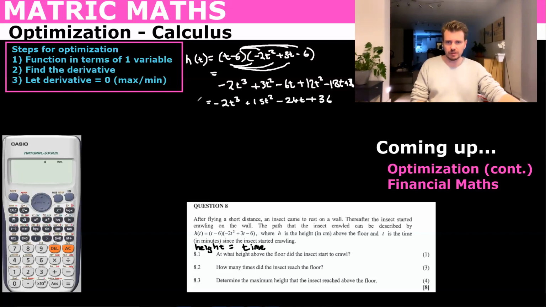In other words, if we make the cubic function equal to 0, we can find the roots. We already know, because we factorized earlier, that t equals 6 is one of the roots. So if I was to draw the function, I know that one of the roots is t equals 6.